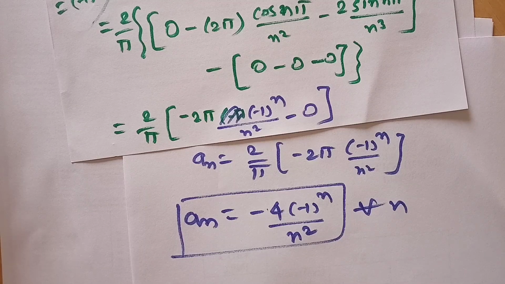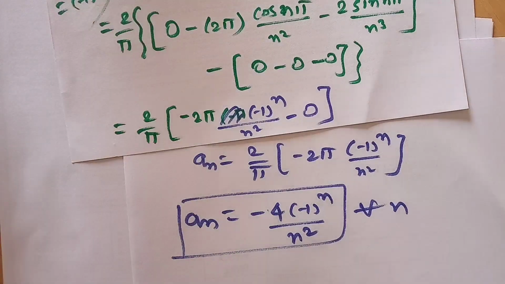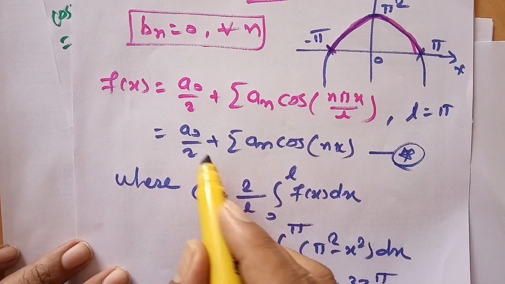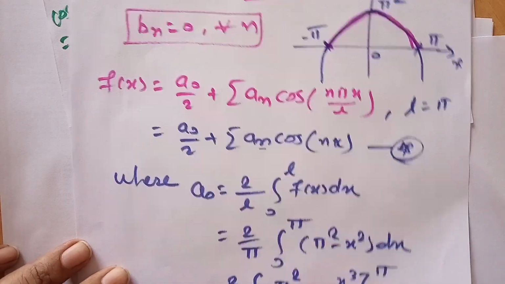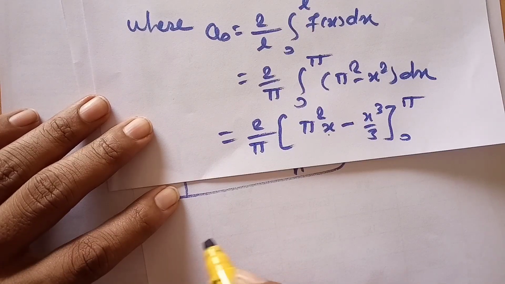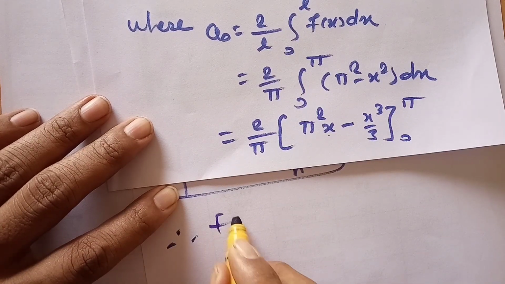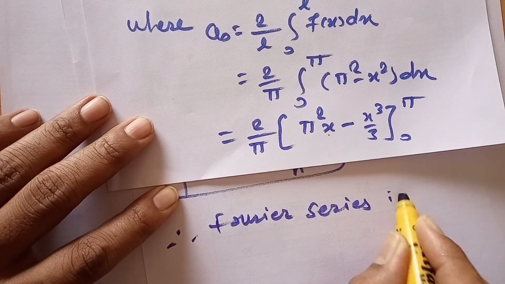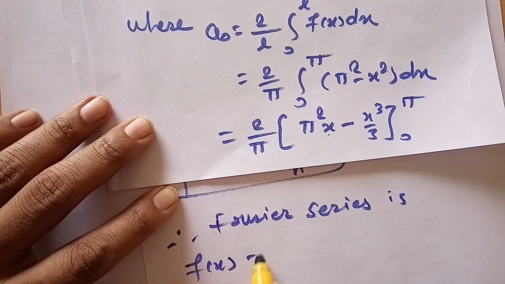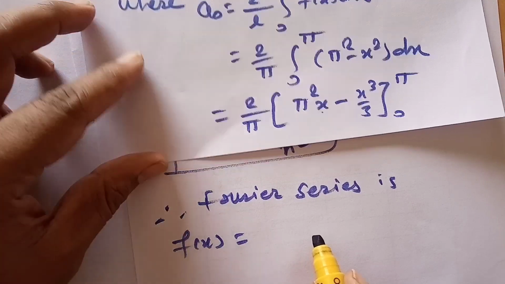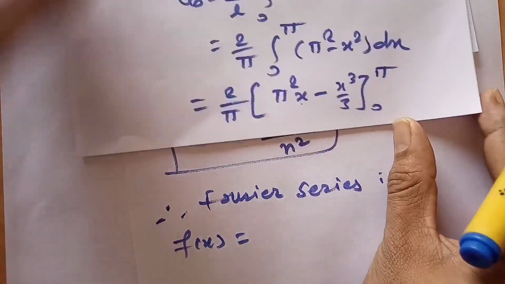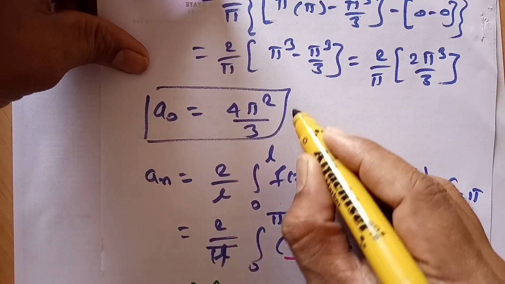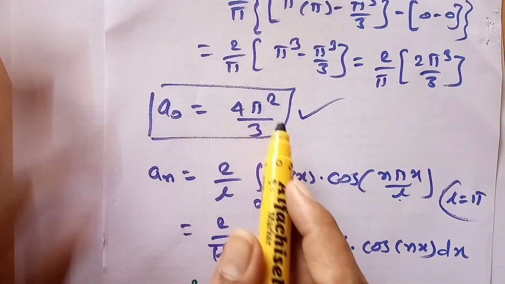Now I will put this value in our equation star. This is our equation star. I will write here a0 and an, then we will get here f of x. Therefore the Fourier series is f of x equal to a0. What is a0? A0 we have calculated here. Now we are getting a0 is 4 pi square divided by 3.